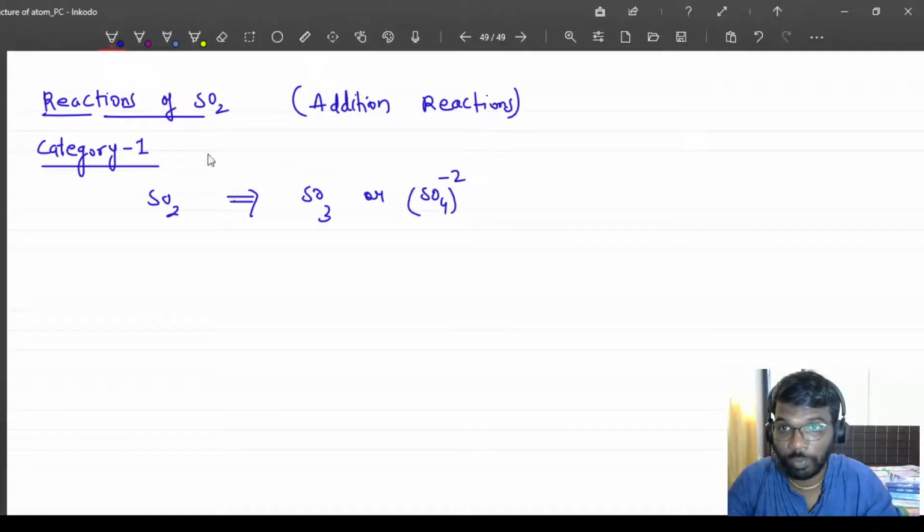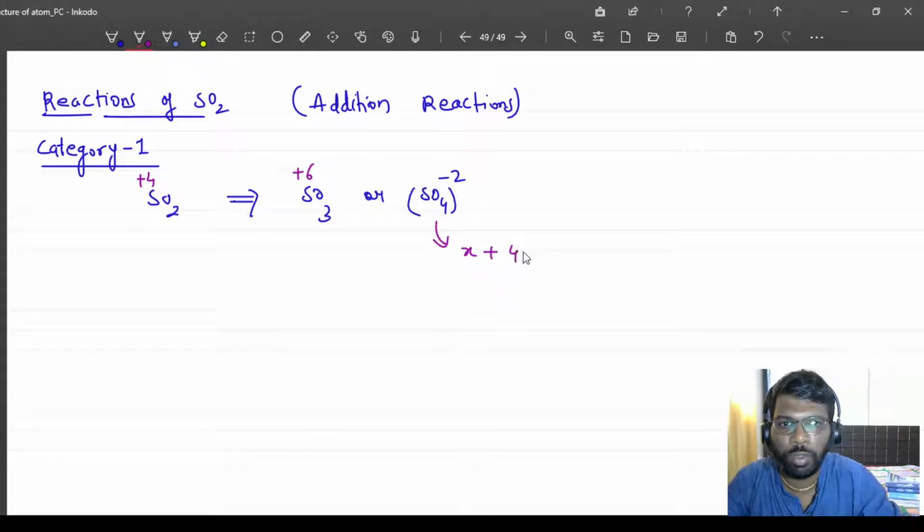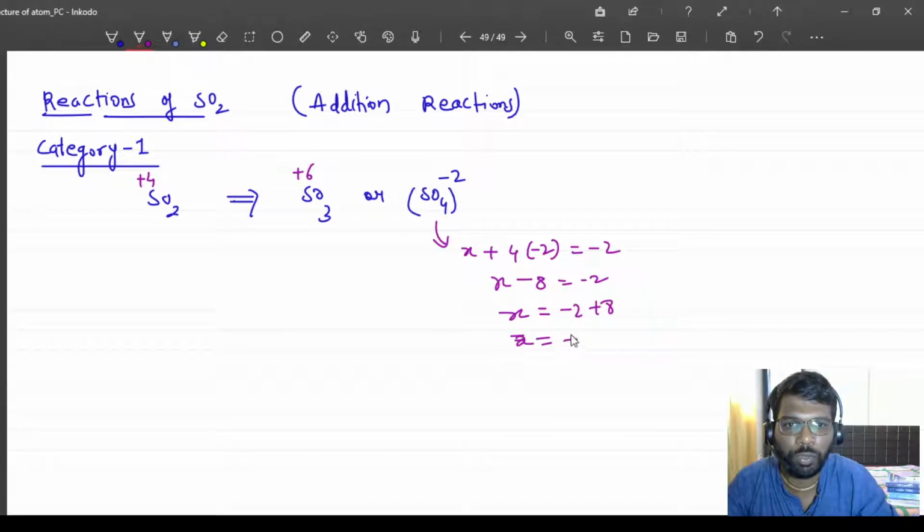Here the oxidation state of sulfur is plus 4, and here it is plus 6. For sulfate, x plus 4 into minus 2 equals minus 2, so x minus 8 is equal to minus 2, x is equal to minus 2 plus 8, and x is equal to plus 6.